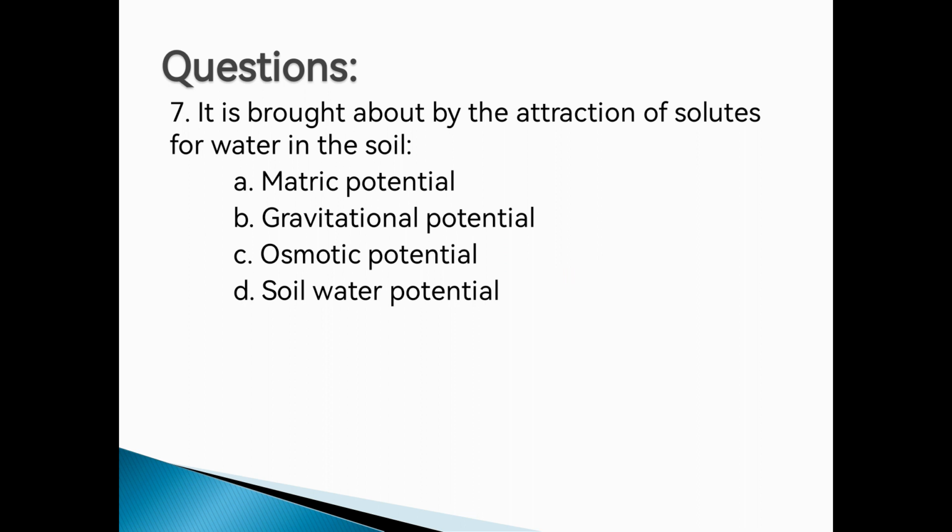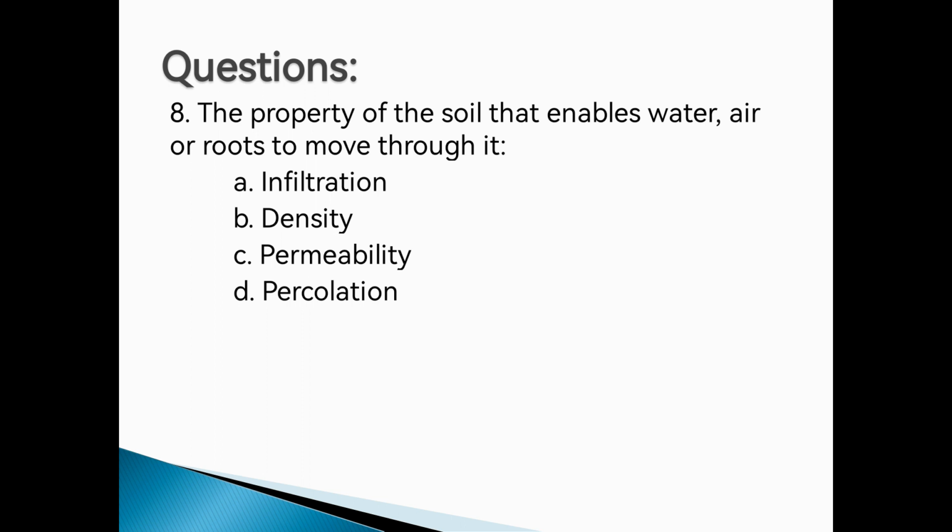The correct answer is C. Osmotic potential. Question number 8. The property of the soil that enables water, air, or roots to move through it. A. Infiltration. B. Density. C. Permeability. D. Percolation. The correct answer is C.